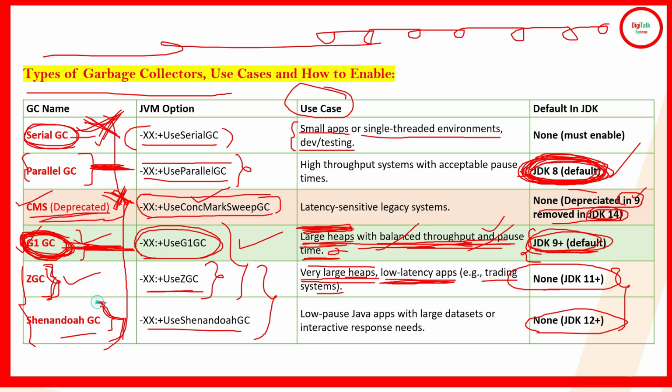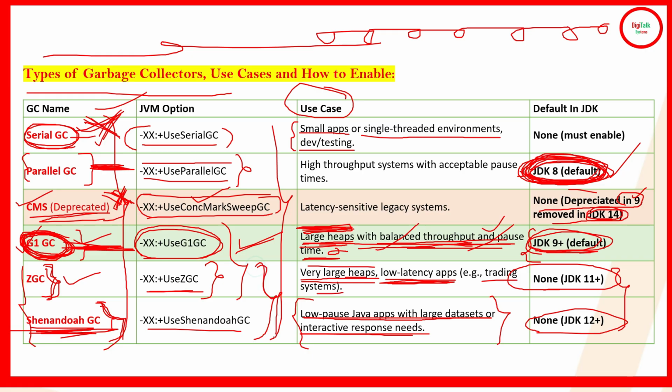Now, the other one is Shenandoah. For that, the use case is low pause Java apps with large data sets, or where interactive response is needed. So if interactive response is needed, and there are low pause Java applications with large data sets, you can try this particular GC algorithm. These are the important garbage collection algorithms: which one is the default, which is now deprecated, and which is the default from 9 onwards.